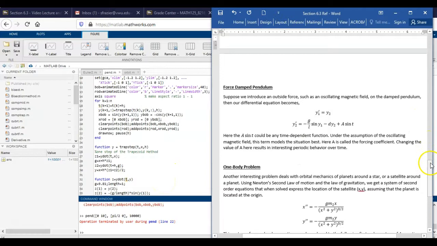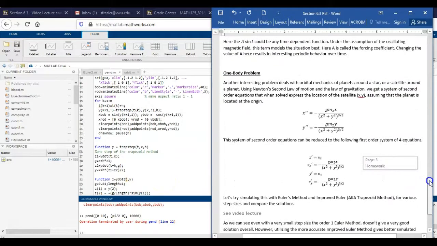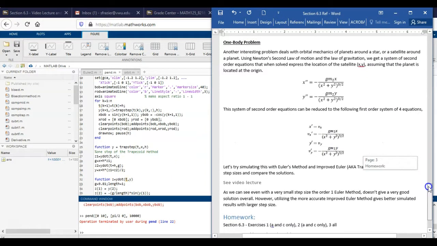Lastly is the one-body problem, which is pretty interesting. This one deals with orbital mechanics. If we think about a planet orbiting its star, or a satellite revolving around the Earth, this differential equation models that situation. So we're going to think about the larger body, like the sun, positioned at the origin.